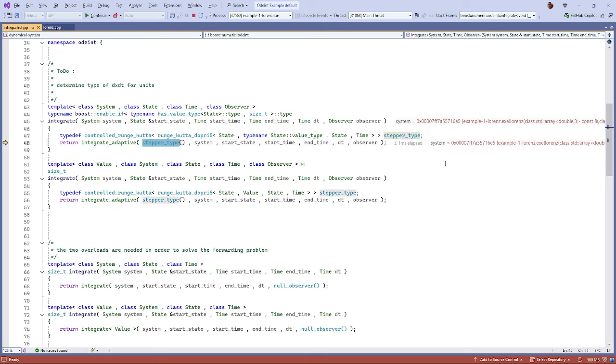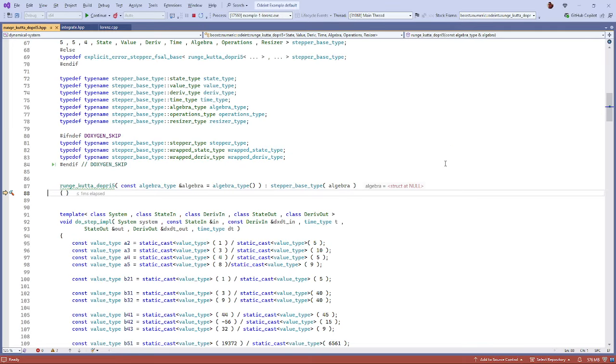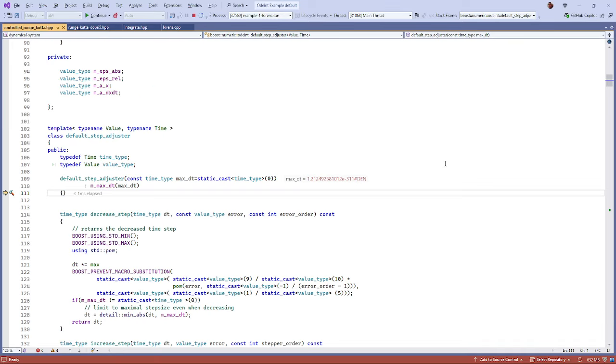So that type is instantiated, so that gives an instance of the stepper to this integrate adaptive algorithm, and all the other arguments are just forwarded on. If we step into this, this is the constructor for the Dopri 5 stepper.